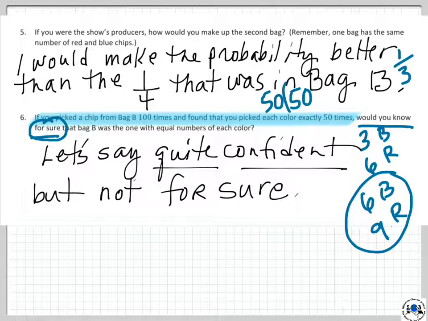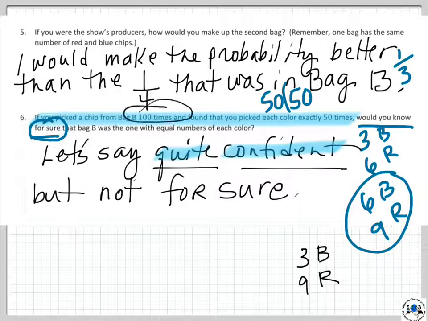Okay, if you don't know and you are not actually given the number, the bag that had the 50-50 in it, to be absolutely confident when you are dealing with estimated probability is probably not a suggested way to approach it. You can be quite confident, okay, but never can be sure, because even though that other lousy bag B had 3 blue and 9 red, if you picked 100 times, we still could have gotten a 50-50.